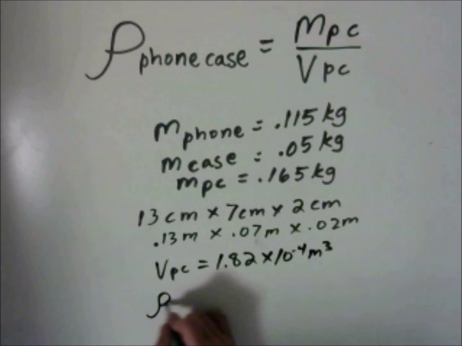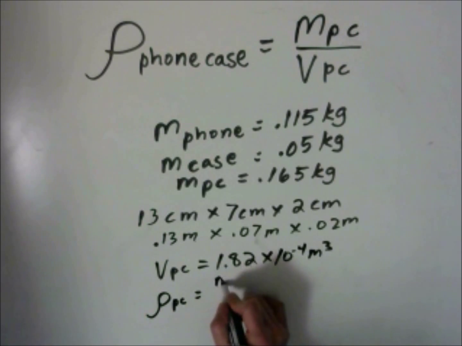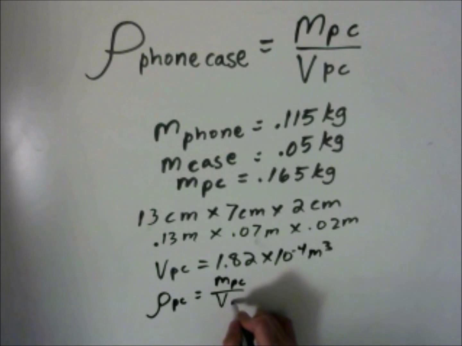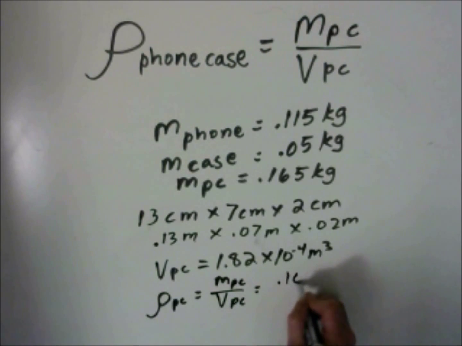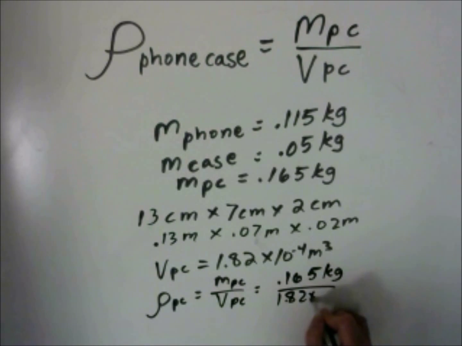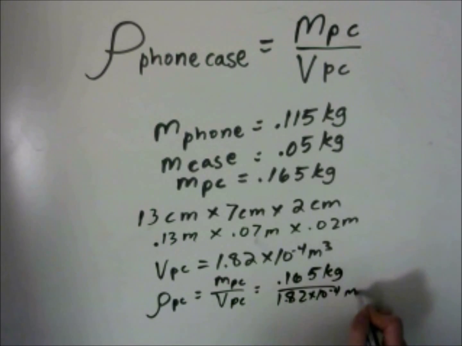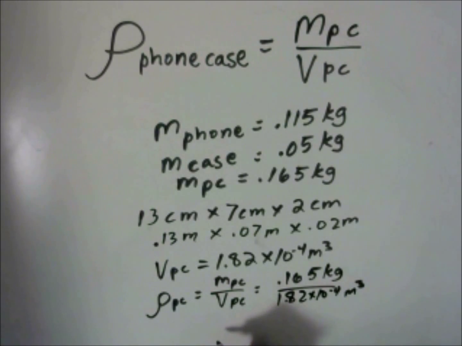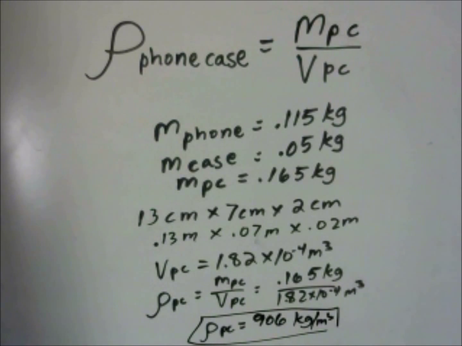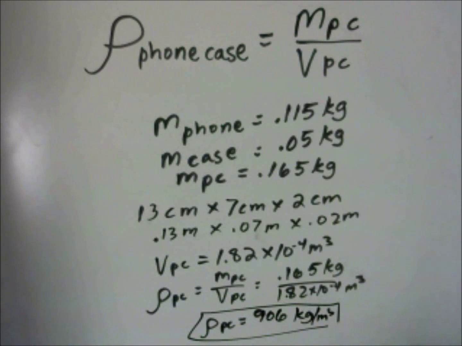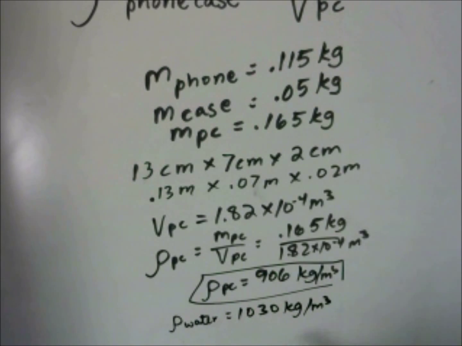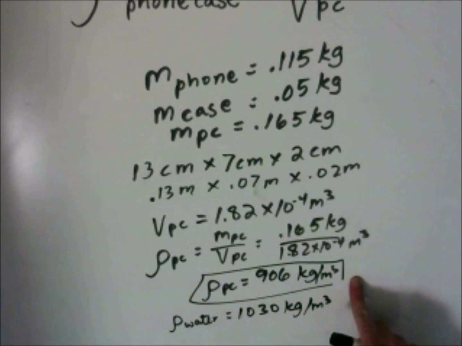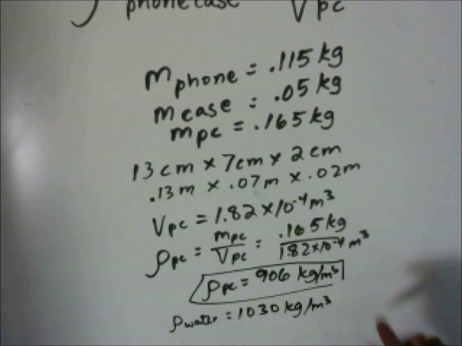Then we can calculate the density of the phone case by doing the mass of the phone case over the volume of the phone case. The density of the phone case is 906 kilograms per meter cubed. If you remember, the density of seawater is 1030 kilograms per meter cubed. Her phone case with the phone in it has a density that is less than seawater, so the phone case will float.